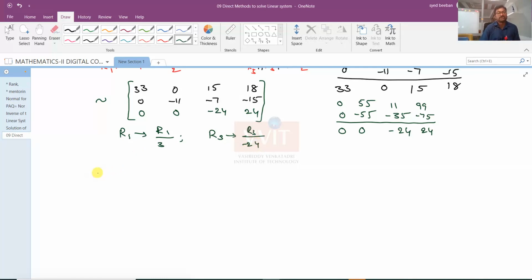Then I may get here equivalent signs. 33 divided by 3 is 11, 0, 5, 6, 0, negative 11, negative 7, negative 15, 0, 0, 1, negative 1.